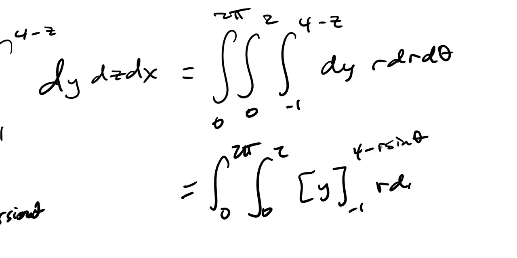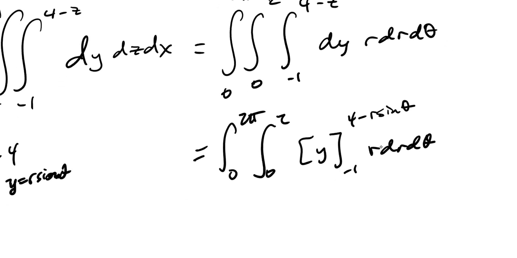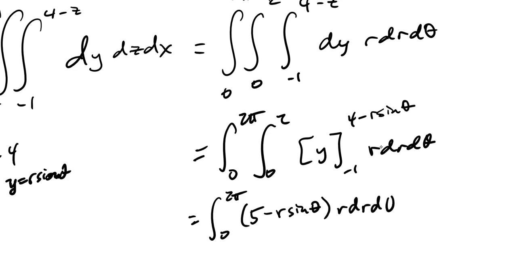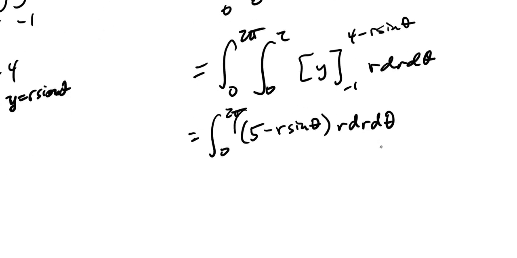So we do r dr d theta. And so we get integral 0 to 2 pi of 4 minus r sine theta minus a minus 1, so that's plus 1, so now this will be a 5 sitting here. And then r dr d theta, integral 0 to 2 still.